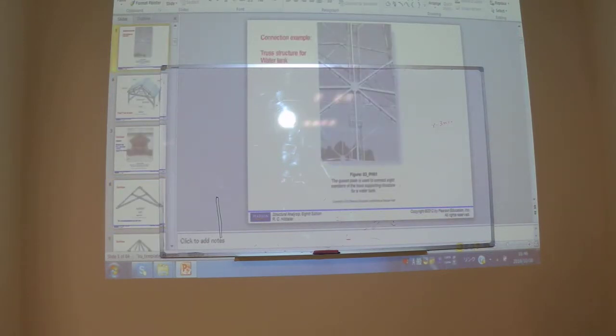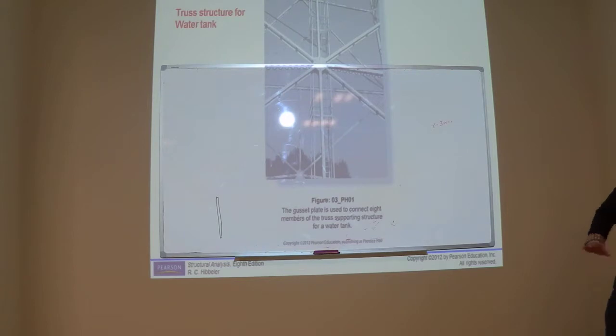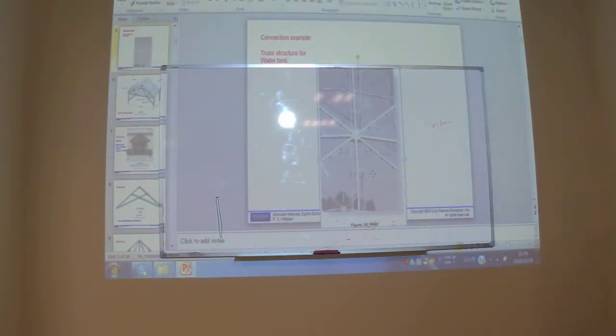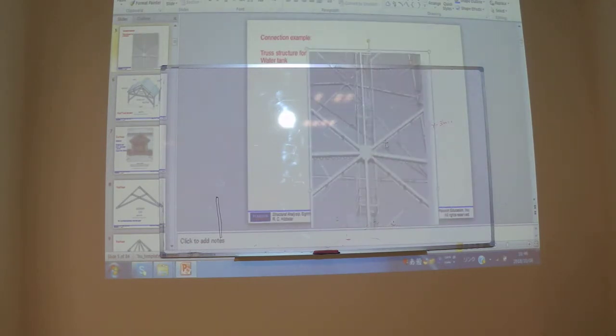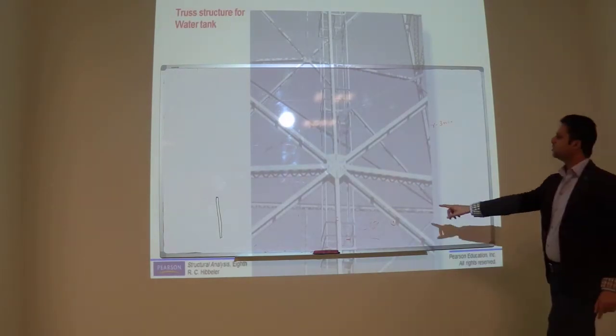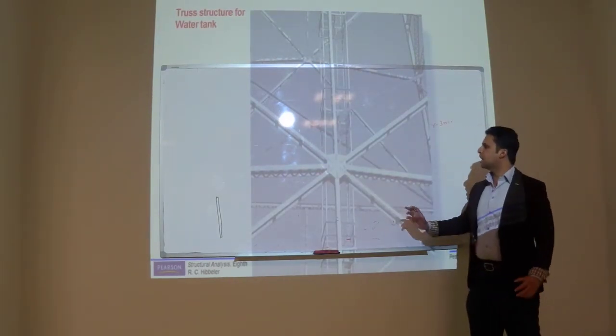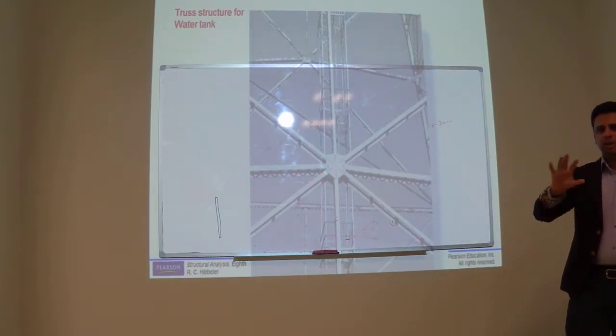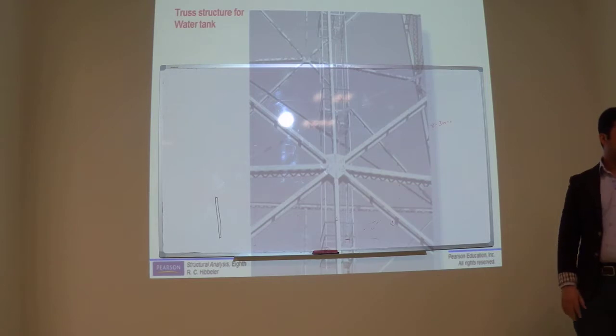If you see here, so this type of connection is basically known as a gusset plate connection. Can you see this connection? Members are going from all sides, and then you provide one plate, and that plate connects all the members.